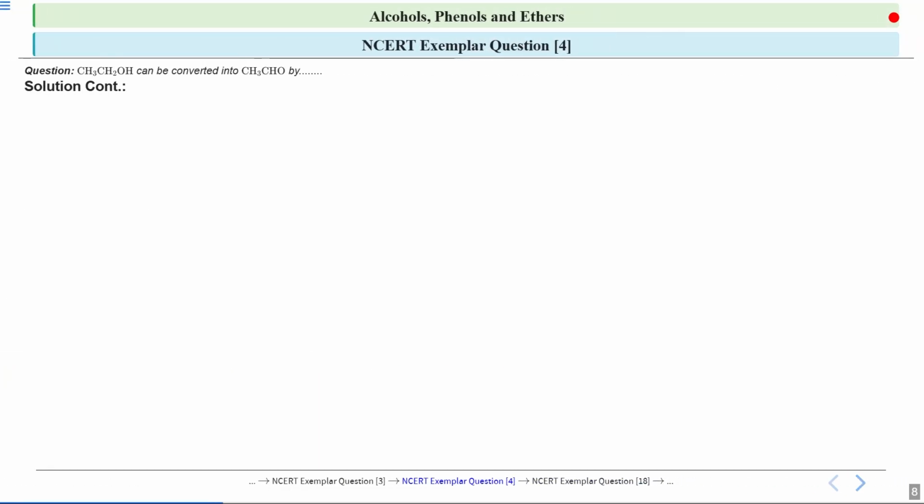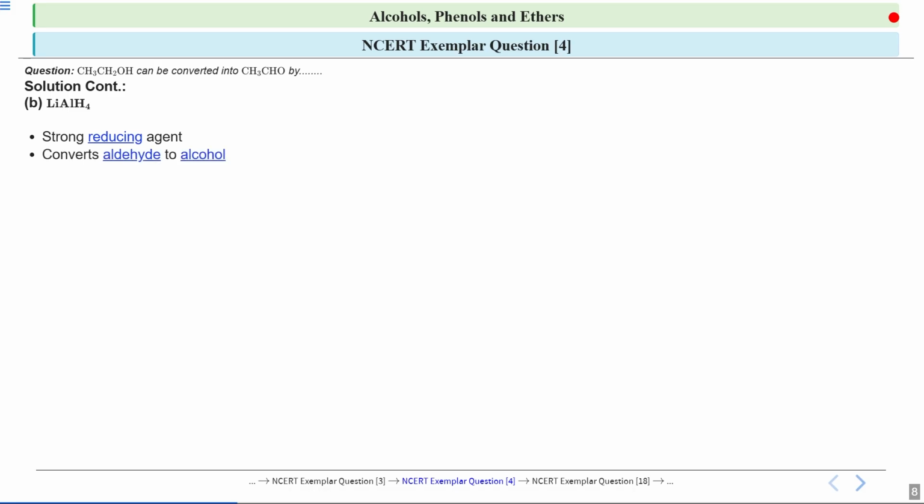Now we will see the second option, LiAlH4, that is lithium aluminium hydride. LiAlH4 is also a powerful reducing agent. It typically adds hydrogen to compounds, which means it reduces them.